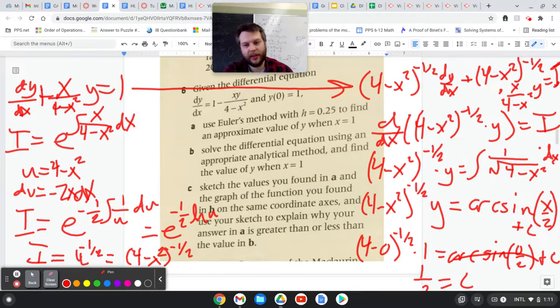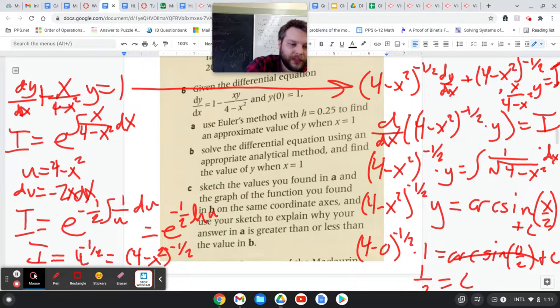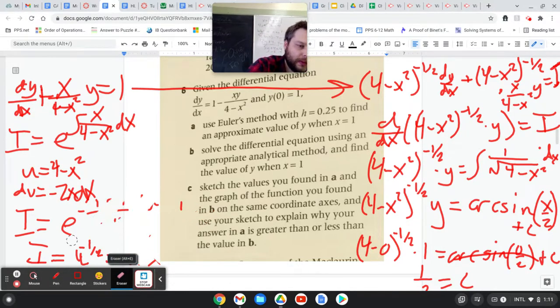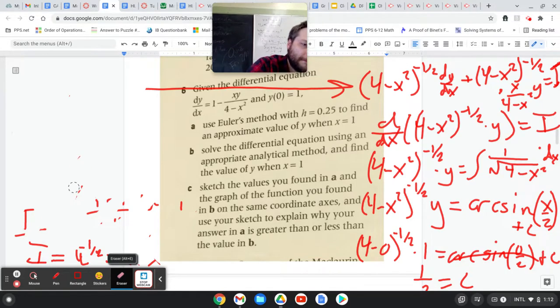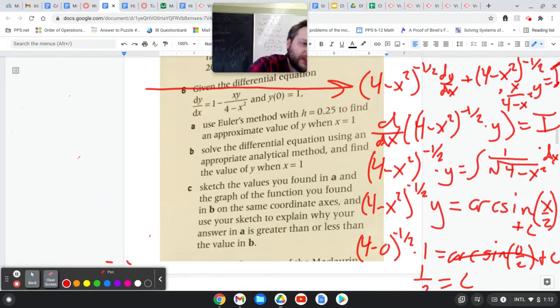We are almost there. We just need to divide and rewrite everything in terms of y. So I'm going to get rid of some of this business here. Clear up space to write our answer that we found analytically. Okay, we're almost there. So here is our solved y.